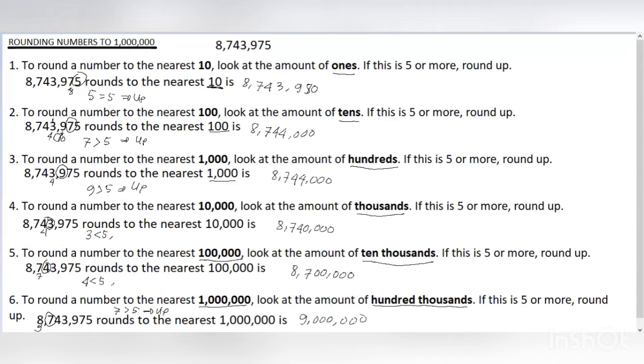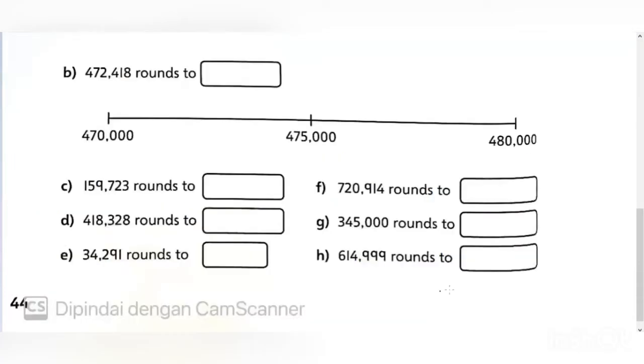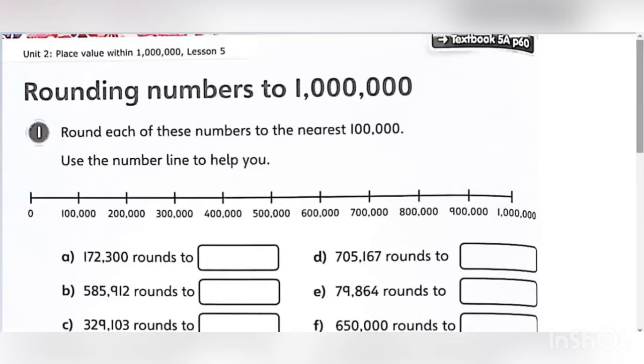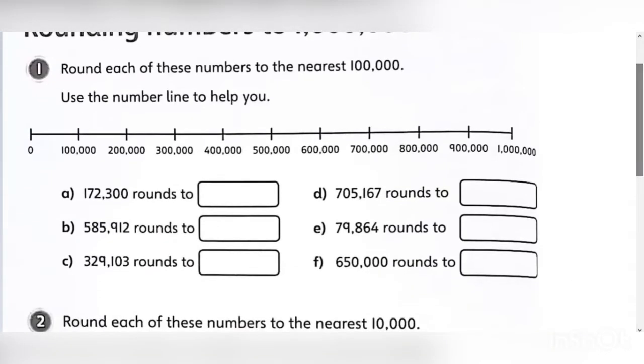Let's see our textbook, page 44. The first question here: round each of these numbers to the nearest 100,000. Don't forget, if we want to round the number to the nearest 100,000, we need to see the 10,000.